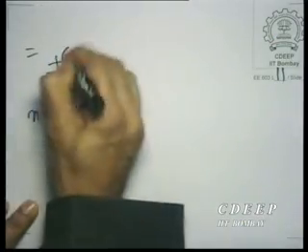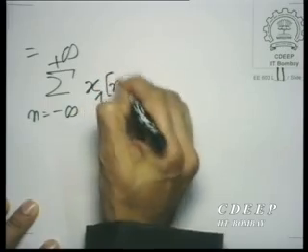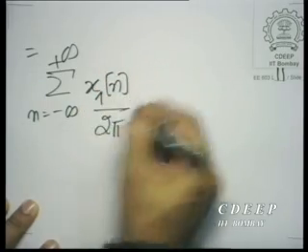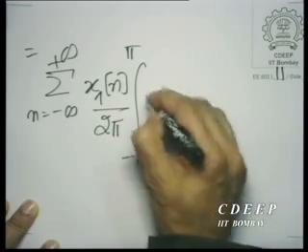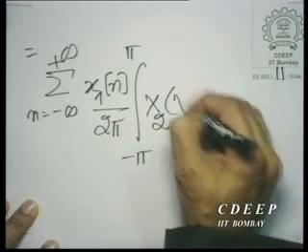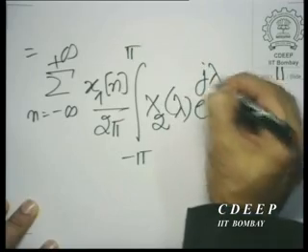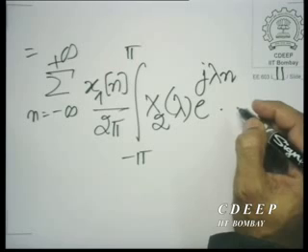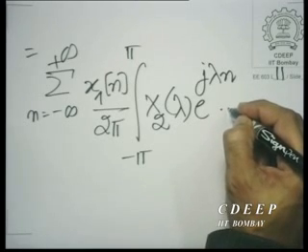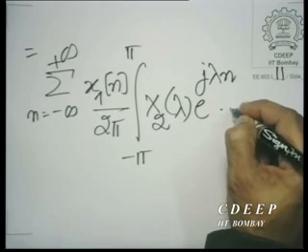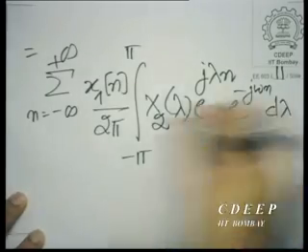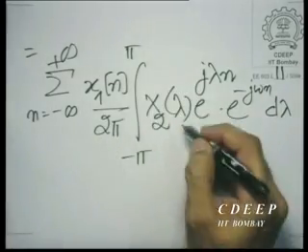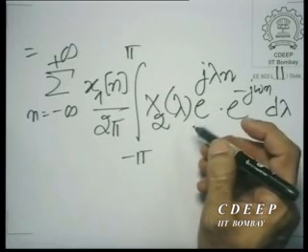That becomes summation n going from minus to plus infinity x1[n] by 2 pi integral minus pi to pi, and you see we realize that we could as well take the e raised to the power minus j omega n inside here. It does not do any harm at all. It is a constant with respect to lambda, so I can push it inside.